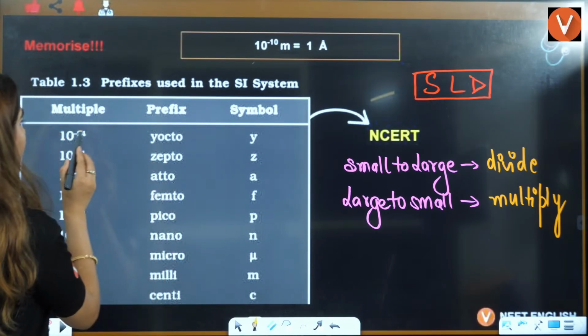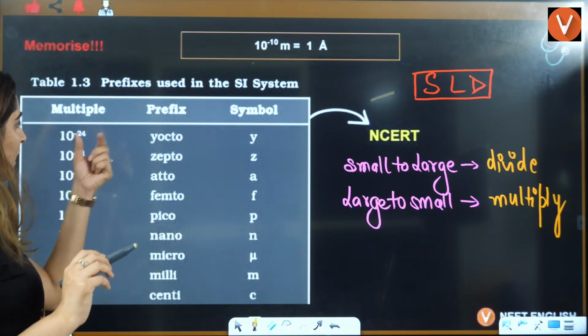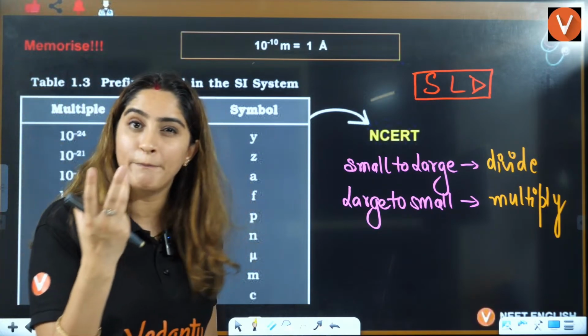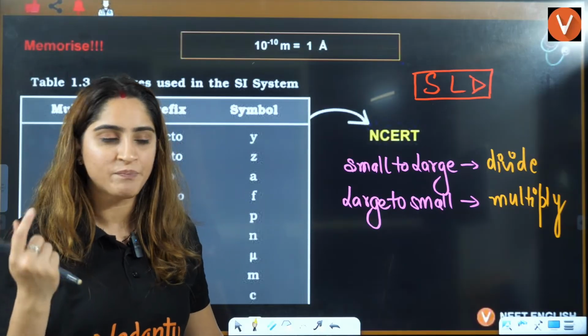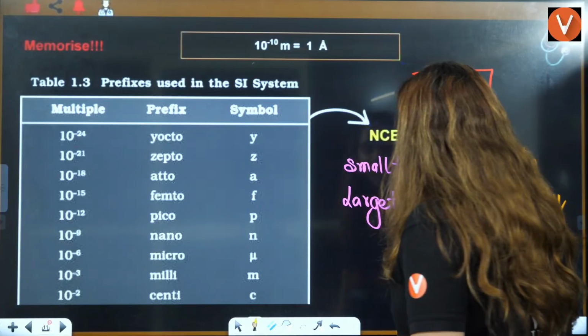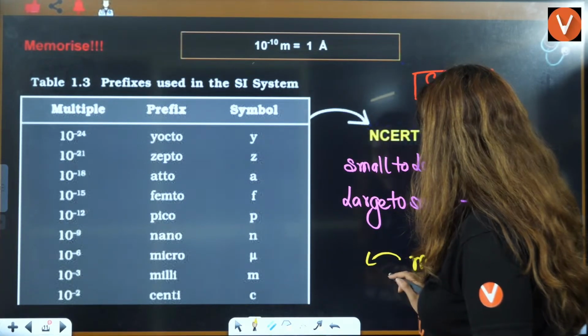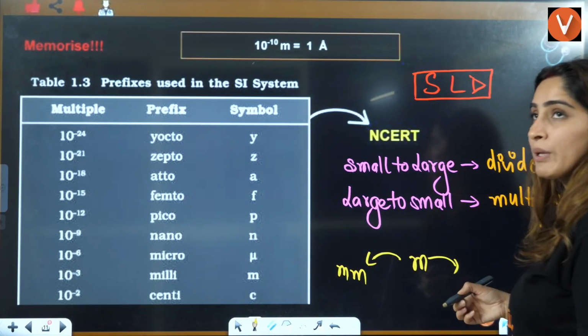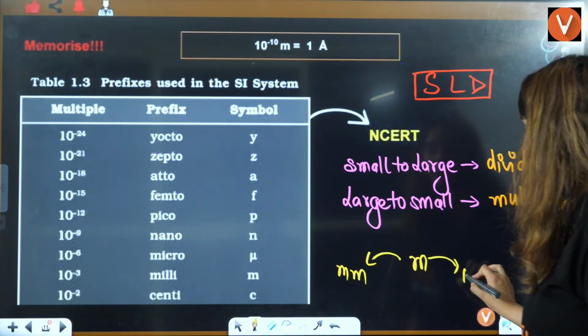Now, let's talk about this. Just remember, what are the smaller values? I am taking a base value, which is meter. Millimeter is smaller, but megameter or kilometer is larger.